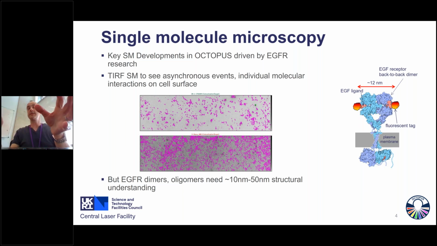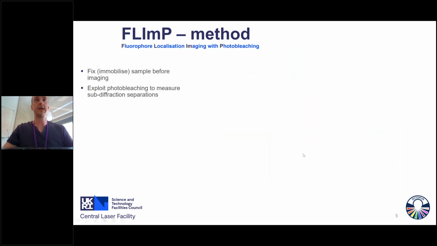Unfortunately, what we needed to do to understand these processes was look in that gap between about 10 and say 40, 50 nanometers. So there was a gap there that wasn't really easily accessible and measurable with the existing techniques. So this is what motivated us to actually develop the FLImP technique.